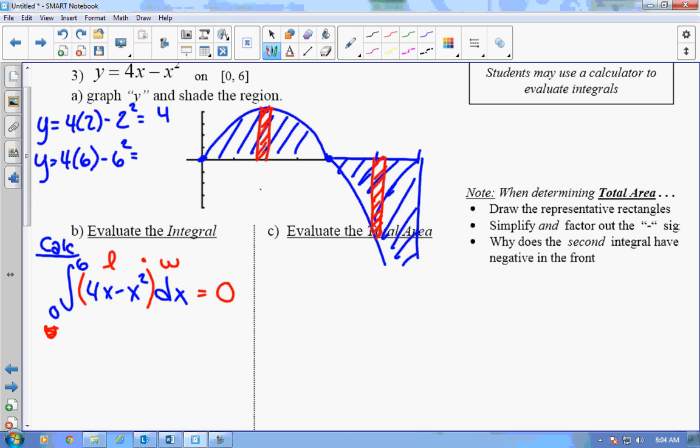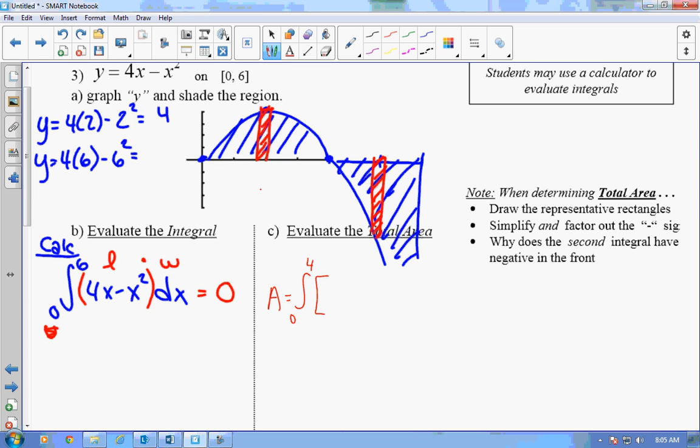No, not 24. Okay, we have two sections. The first section, the positive section, goes from, what's the lower limit to the upper limit? 0 to 4. So we're going to find them in sections from 0 to 4. Okay, top minus bottom.